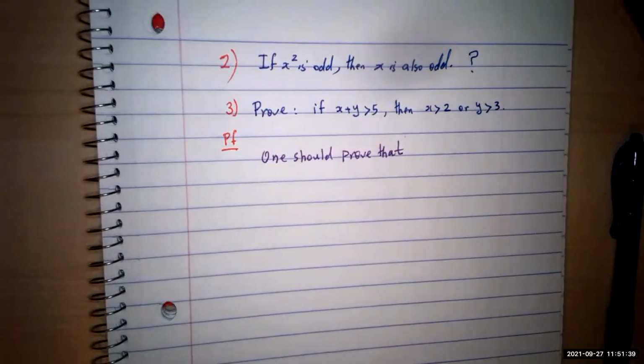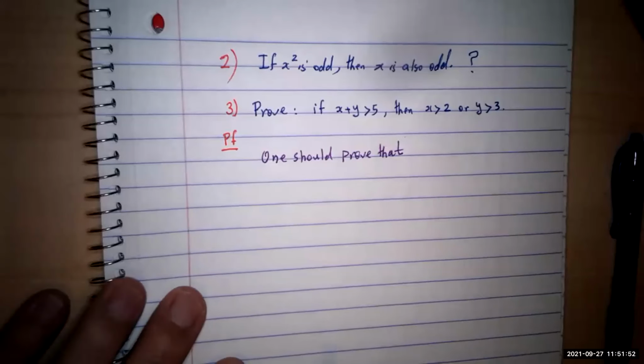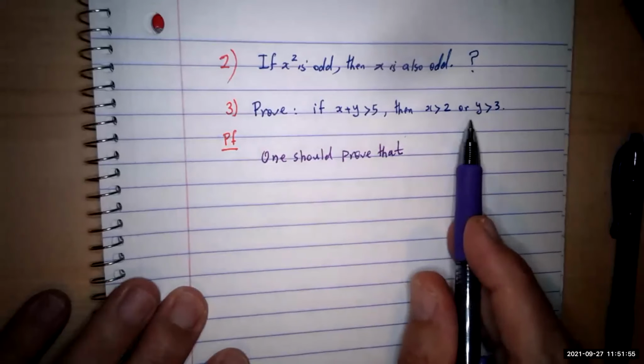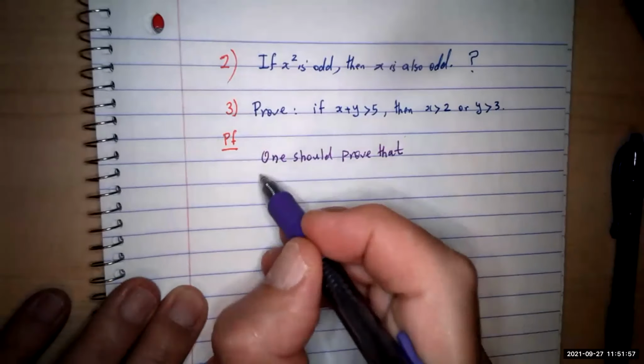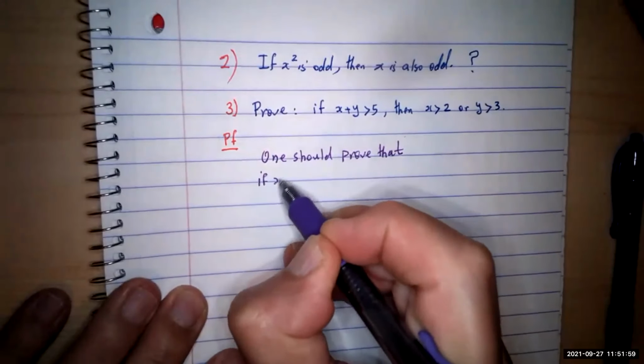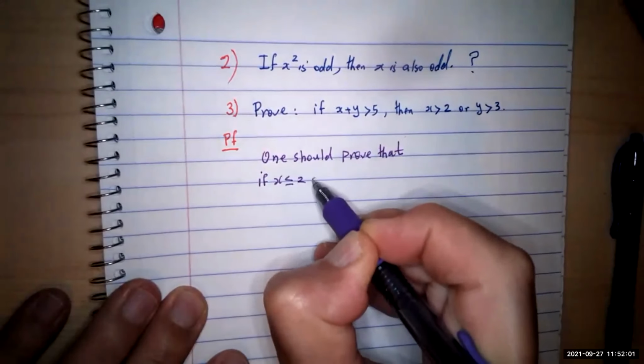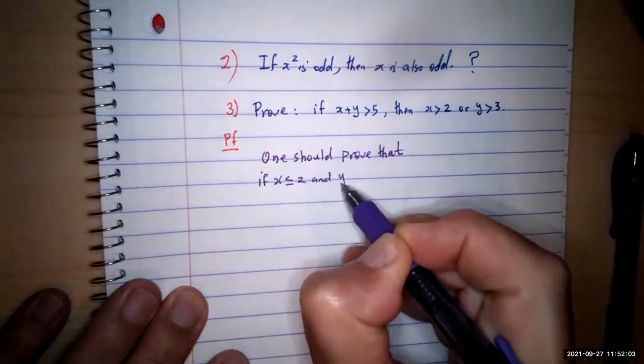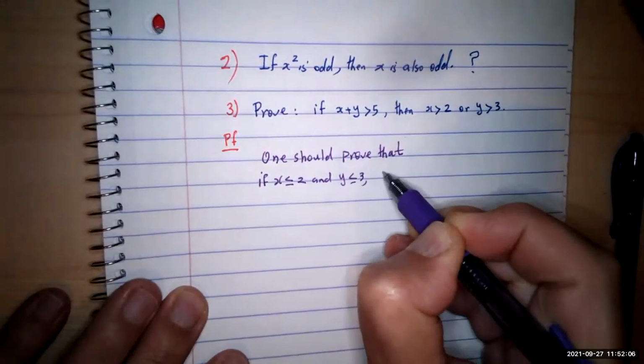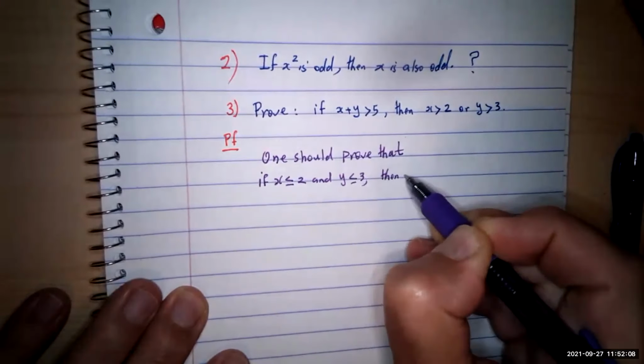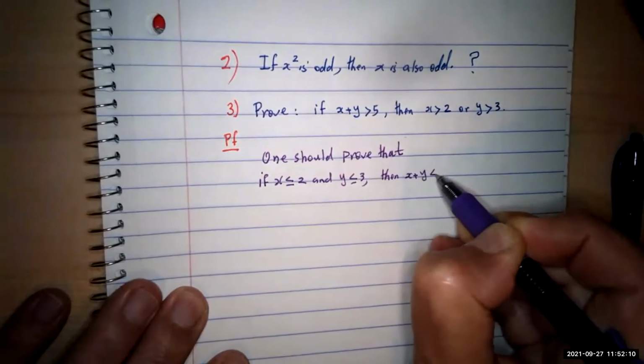If x is less than or equal to 2 and y is less than or equal to 3, then x plus y is less than or equal to 5. Excellent. Yes, that's exactly what we should prove. So the contrapositive of 'or' would be 'and', very good. So I should prove that if x is less than or equal to 2 and y is less than or equal to 3, then x plus y is less than or equal to 5.